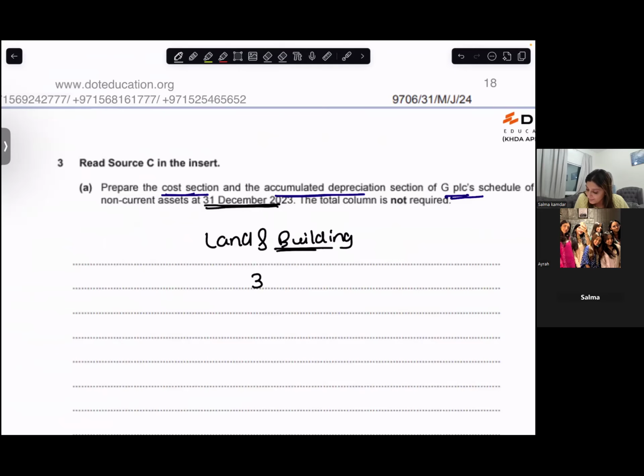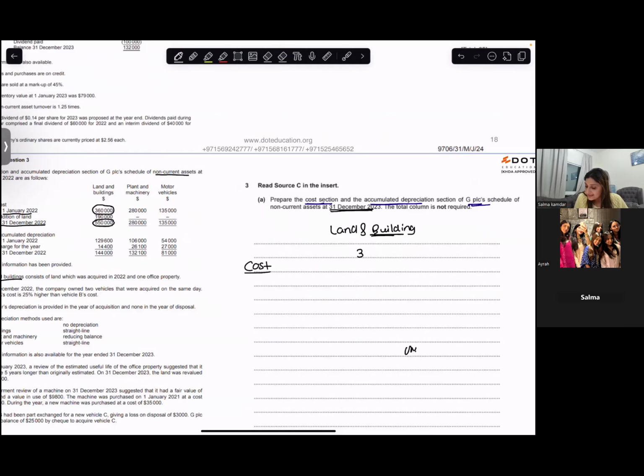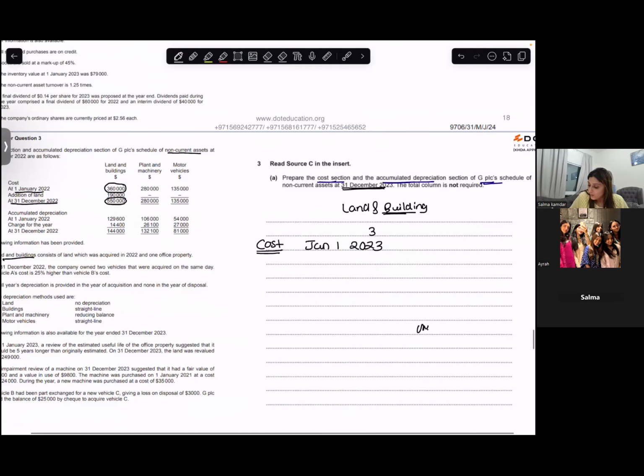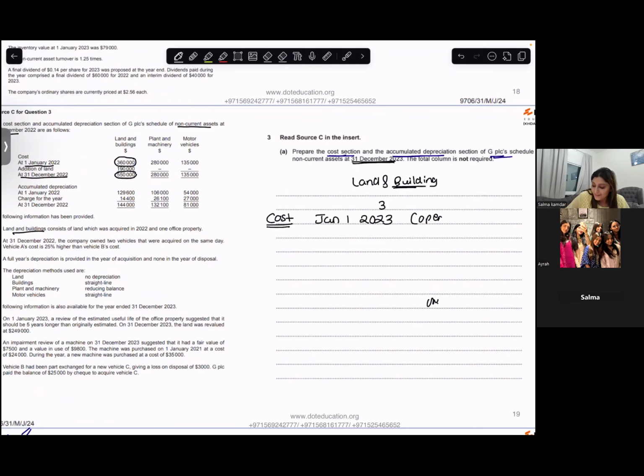So my cost is going to begin at Jan 1st 2023. So the closing balance over here would become my opening balance.